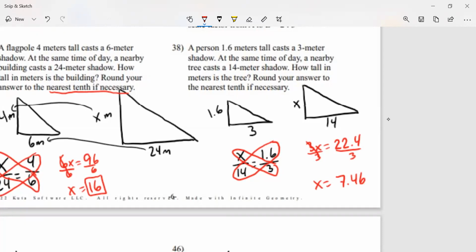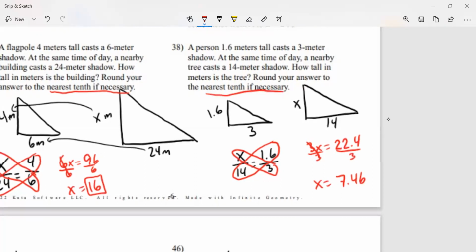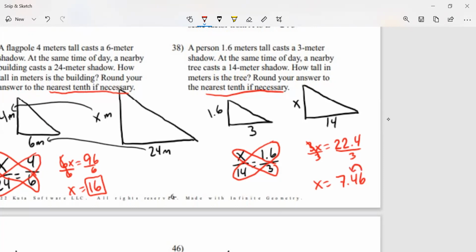Okay, for right now I'm only going to write 2 decimal numbers. The reason is that it says round your answer to the nearest tenth if necessary. Now, the nearest tenth is 1 decimal place. I wrote 2 because I do take a look at the second decimal place. If the second decimal number is big enough, which is our case, the 6 is going to push the 4 up 1 number.